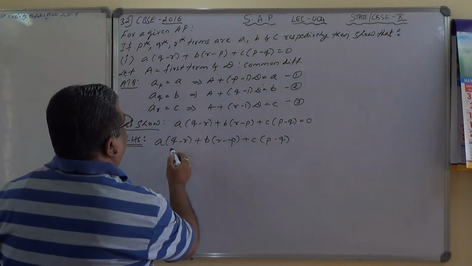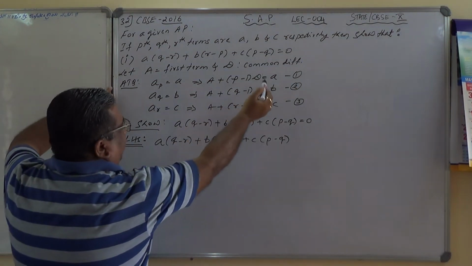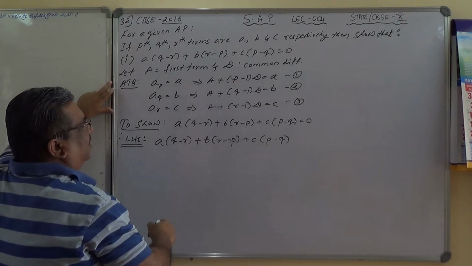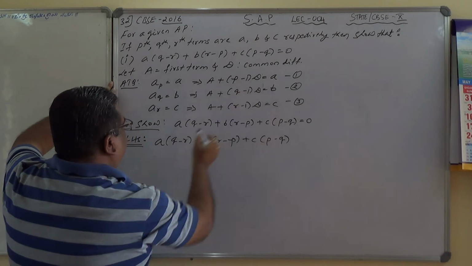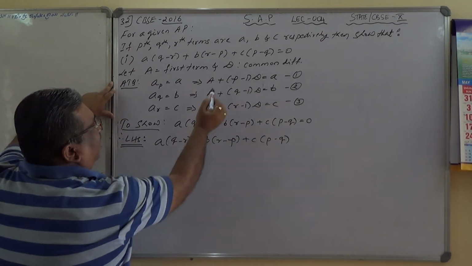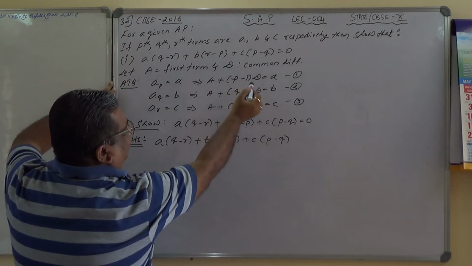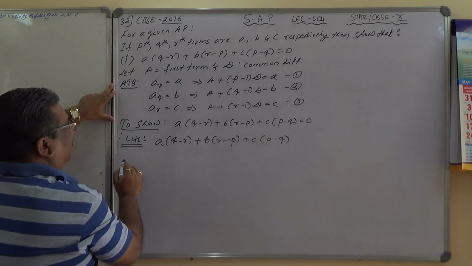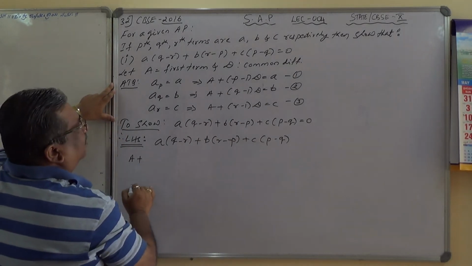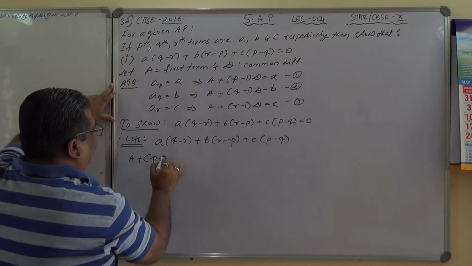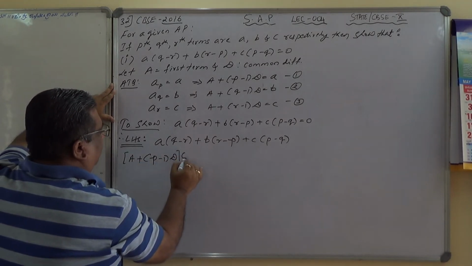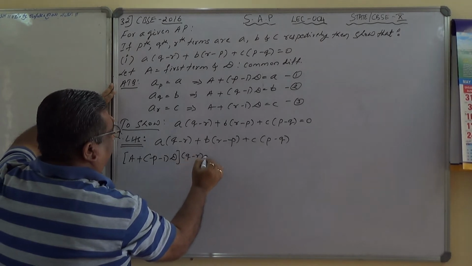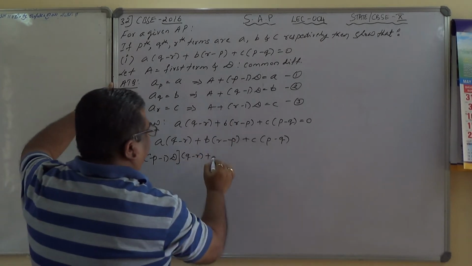By substituting the values of small a, b and c, what do we get? a equals this one. Wherever a is there, I'll use this one, A plus (p minus 1) into D. So A plus (p minus 1) times D into (q minus r), plus, what is b?